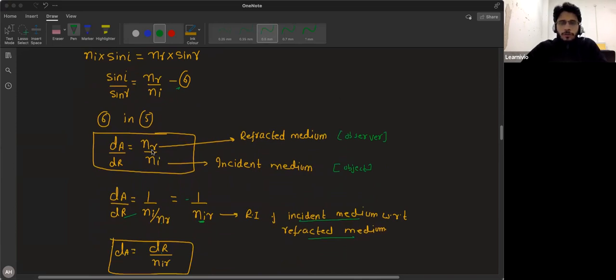Somewhere after this, I just bring this n_r to the denominator. So you have n_i by n_r. So n_i by n_r is n_ir, the refractive index of the incident medium with respect to the refracted.